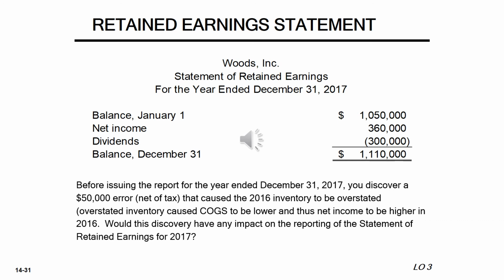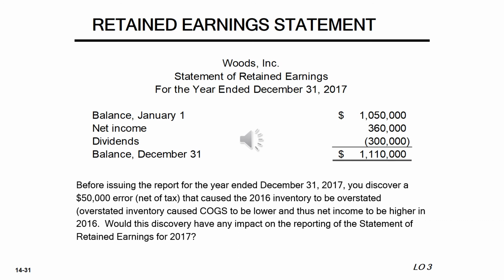Here we have an example for Woods Incorporation. This is the statement of retained earnings for the year ended December 31st, 2017. Here we can see the opening balance for this statement, which starts on January 1st, 2017, at $1,050,000. And then we can add the net income for the 2017 year, which is $360,000 as given to us.